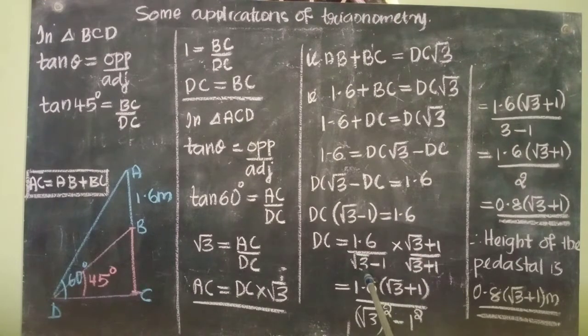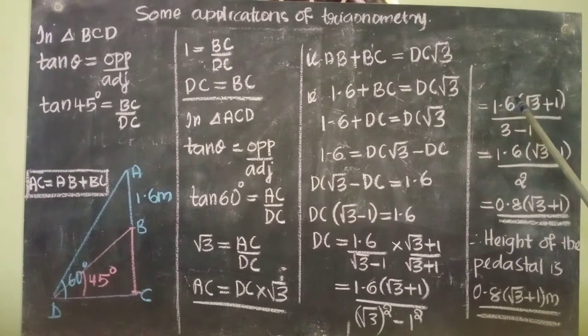You see the denominator, it is of the form A minus B into A plus B. A minus B into A plus B equal to A square minus B square. So that is equal to 1.6 into root 3 plus 1 whole divided by root 3 square minus 1 square.